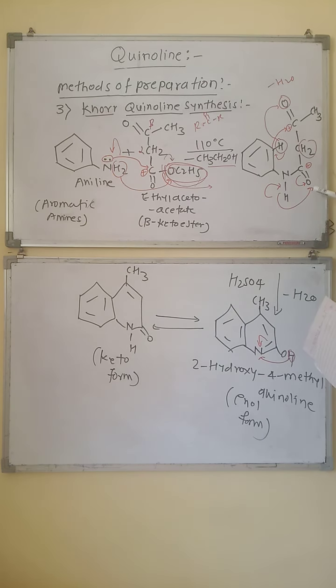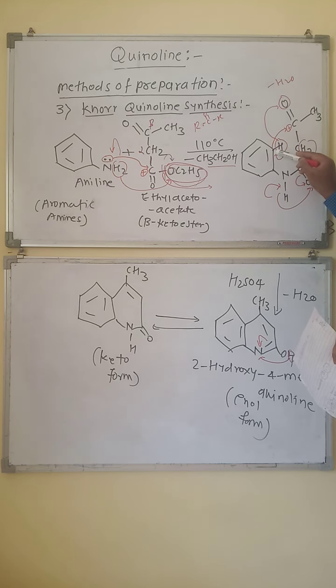Now in the condensed structure, first of all, the benzene ring contains the hydrogen, and the carbonyl carbon contains oxygen. This oxygen and this hydrogen, also this alpha hydrogen atom from the alpha carbon, this one hydrogen, and this other hydrogen and oxygen will be removed as water molecules. After that, this hydrogen, after being removed, gives a lone pair of electrons to the benzene ring.